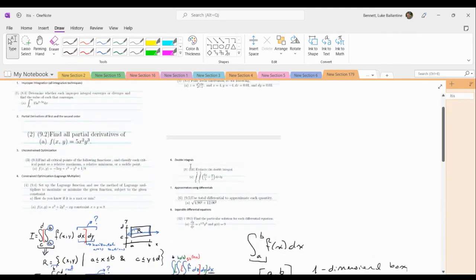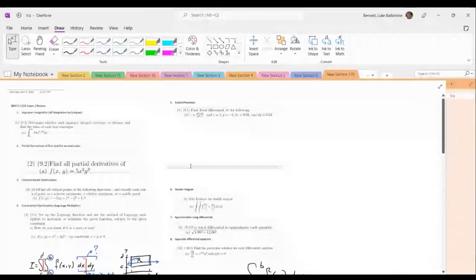We were also evaluating single variable integrals to determine area. Now we're doing this on an infinite spot. That's improper integration, still single variable calculus, so I'll leave that one out.